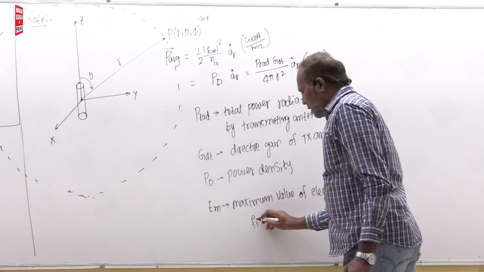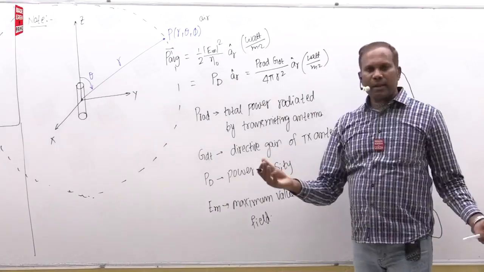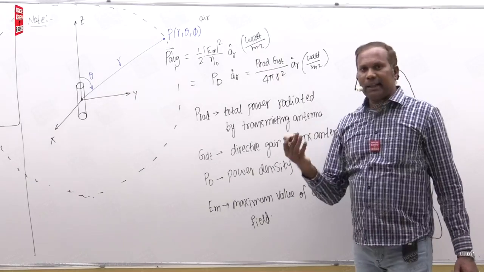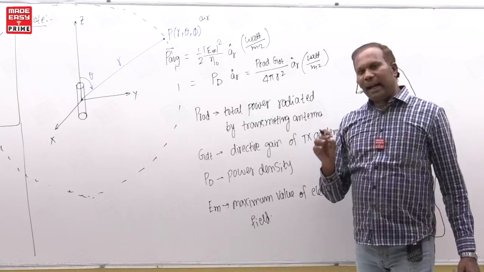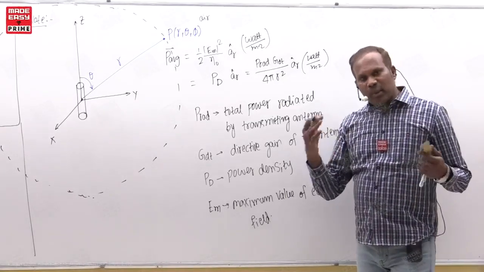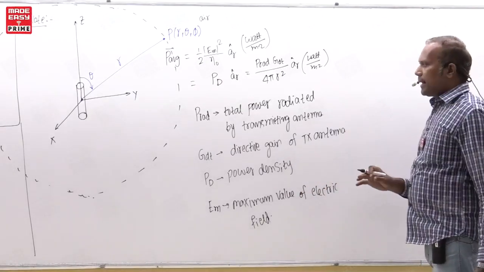In antenna questions, if they ask you to calculate electric field, the meaning is maximum electric field only. If they ask you to calculate the current, that is maximum current. If they give 4 ampere current, it is understood as maximum current. So these are maximum values taken.